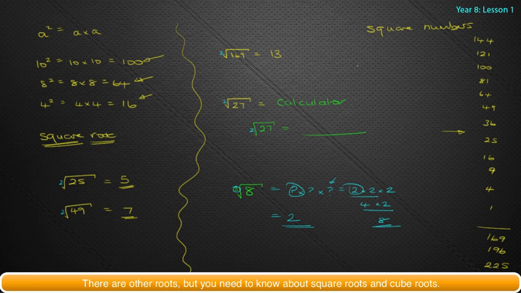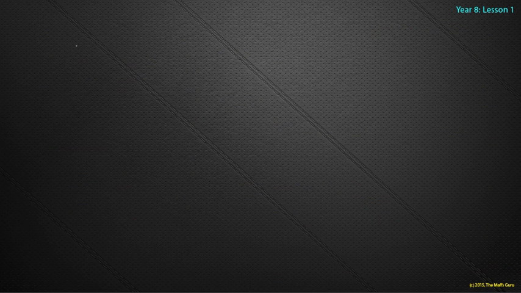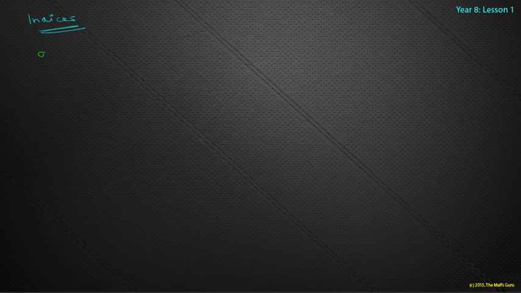Oh, one more thing, and then I'm going to let you just fly. Okay, last thing then. We're going to talk about something called indices. And you're going to go, yeah, but hold on, you've already told me what an indice is. It's a floating number. Well done, congratulations. And I think last lesson we were talking about floating numbers. If you remember rightly, we decided that a times a was equal to a squared.